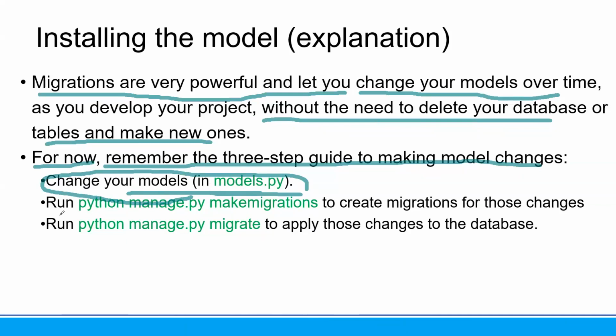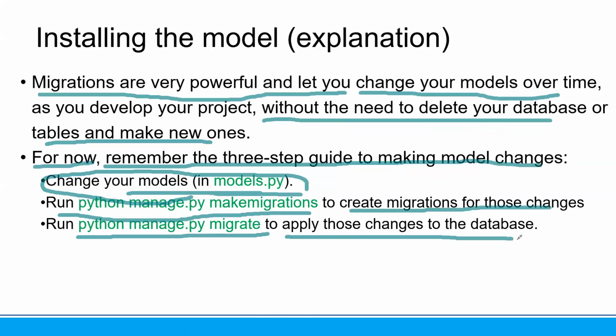Then you need to run python manage.py makemigrations. This is to create migrations for those changes. And you need to run python manage.py migrate. It is to apply the changes to the database.